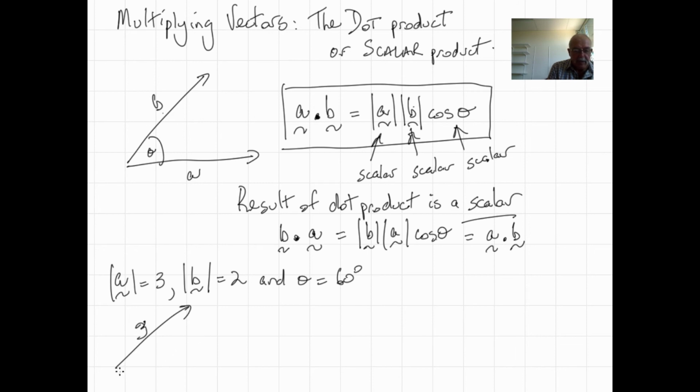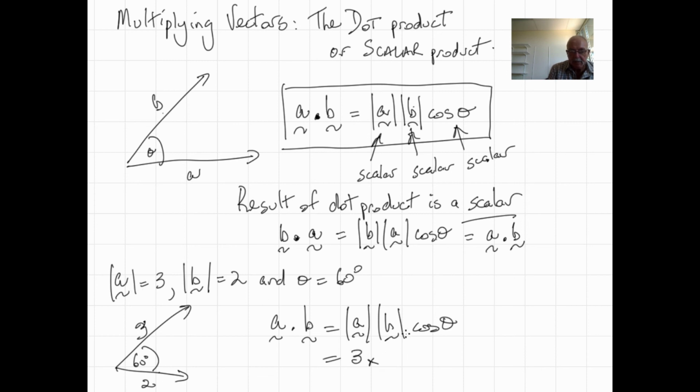You've got B going out there and that's 2 units, and you've got a 60-degree angle in between. So we've got A dotted with B is equal to the absolute value of A, just quote the rule, absolute value of B cos theta, and that's equal to 3 times B, 2, the magnitude, times the cos of 60.